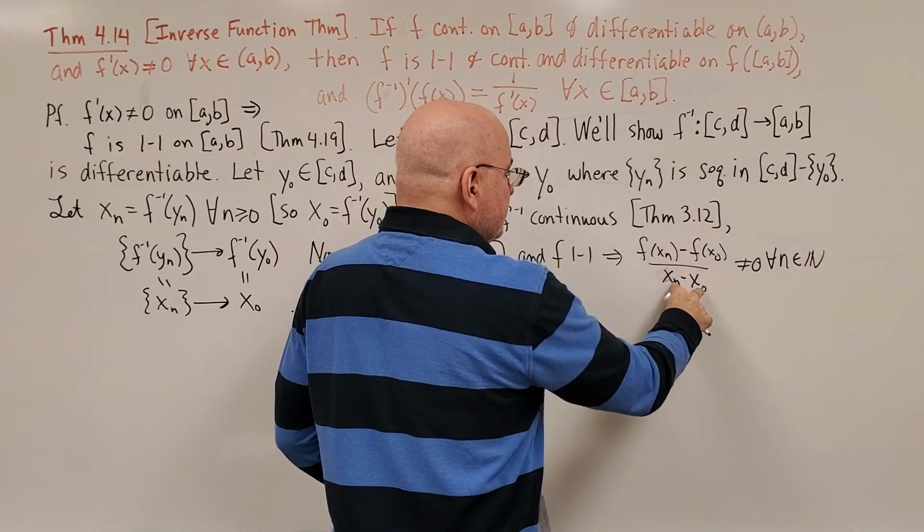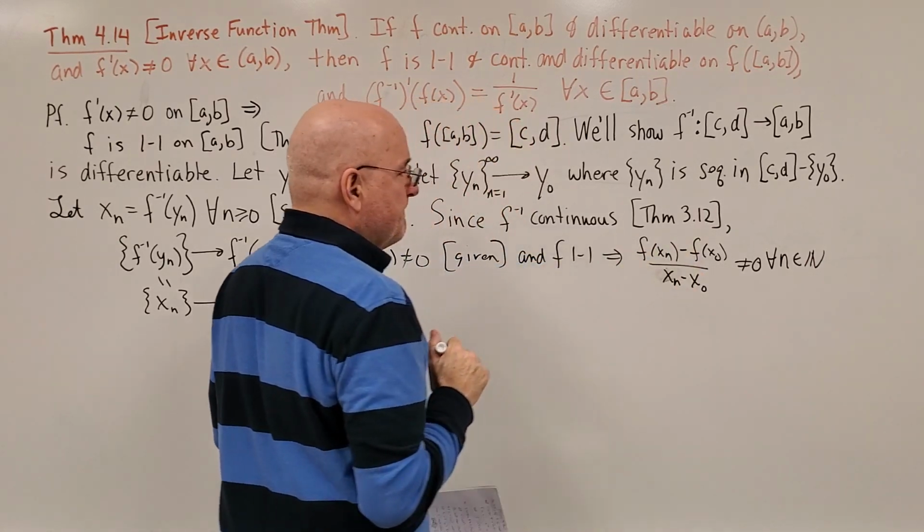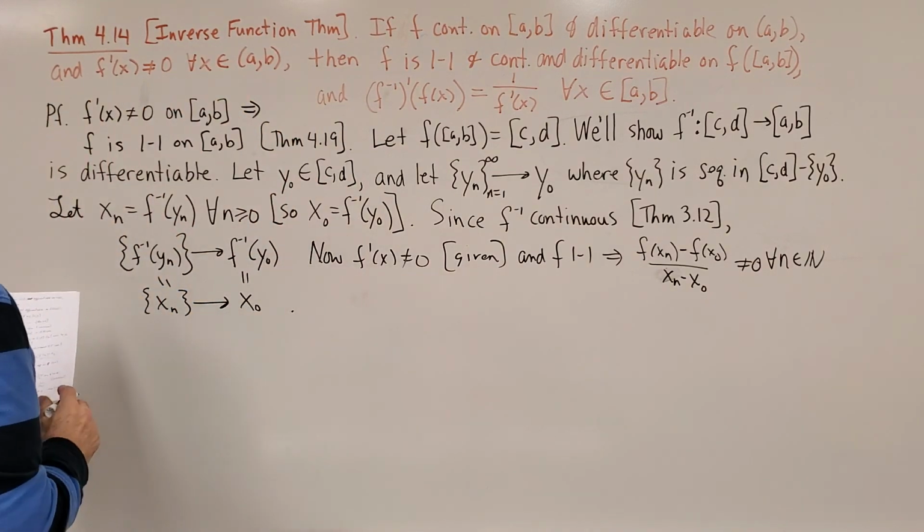And it's a one-to-one function, so if these are different, these are different. So it's never going to be equal to 0.